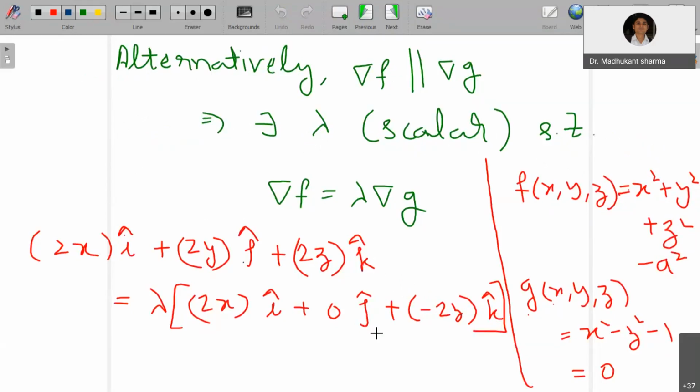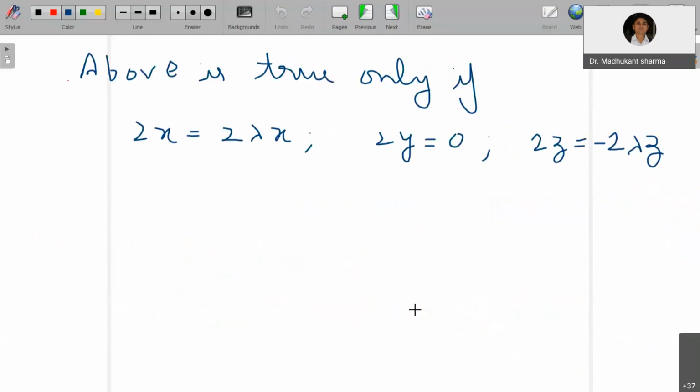Now from the second equation, what you can have is y equals 0. That's very clear.